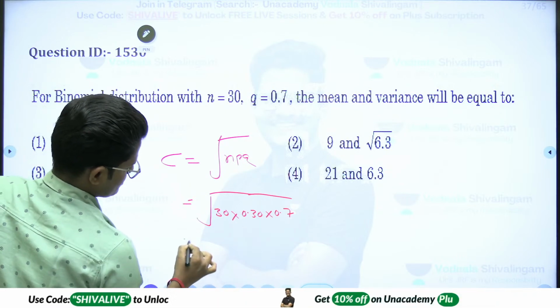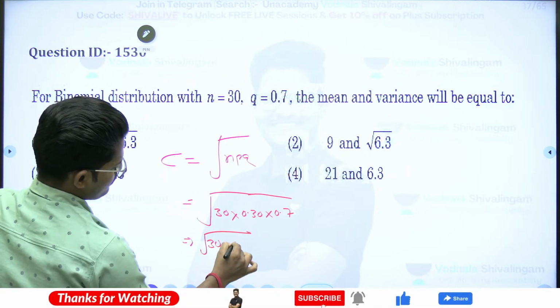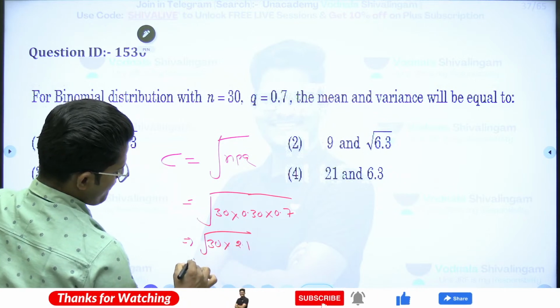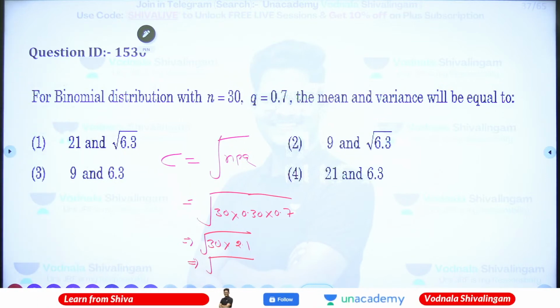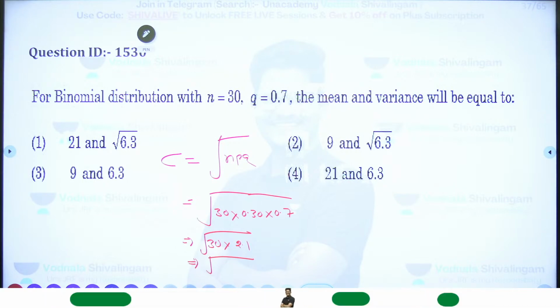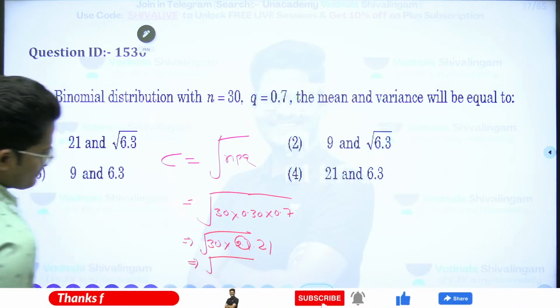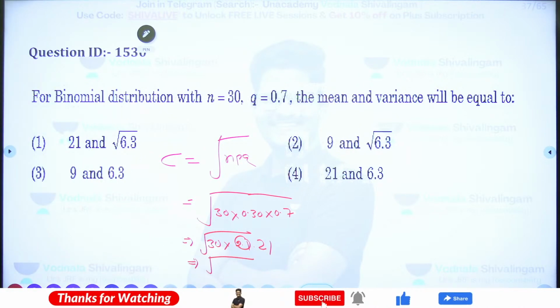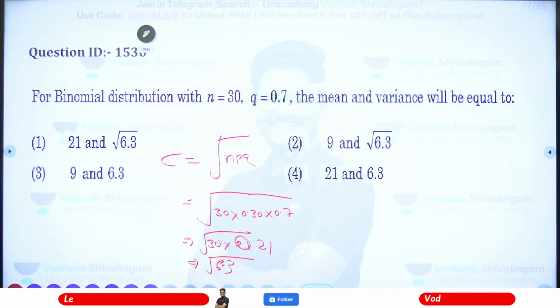So how much? 30 into 2.1. How much will it be? 0.21 multiplied by 30, 6.3. 6.3 root please.